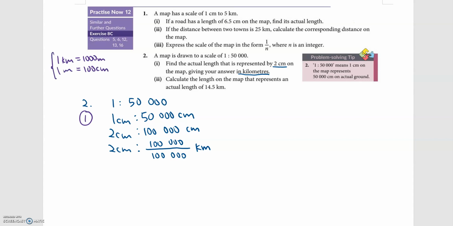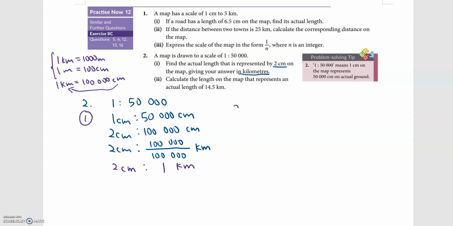So this together will give me 1 kilometer is 100,000 cm. So if I want to convert from cm to kilometers, I have to divide by 100,000. So 2 cm would now be 1 kilometer. So the actual length that is represented by 2 cm on the map is 1 kilometer.